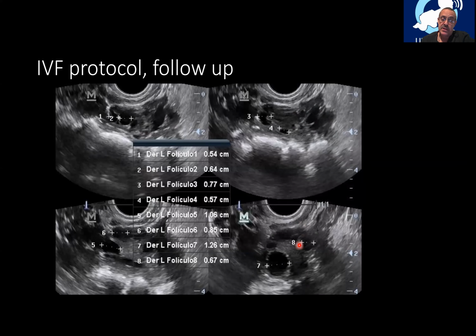And during the ovarian stimulation, some of the follicles grow up. See this one? This is 6 millimeters. This is 1 centimeter, 1.2 centimeters.